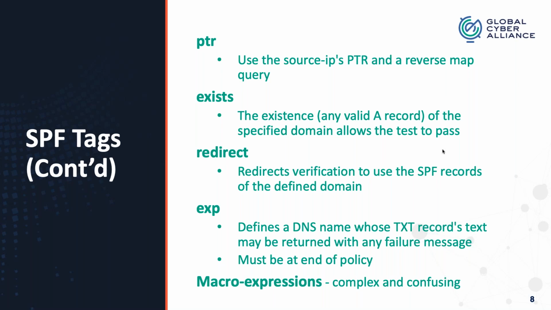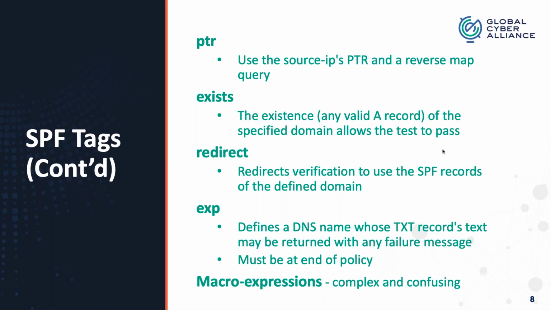Then there's redirect. If you use redirect, you can only use redirect by itself. You can't add anything else, because what you're basically saying with redirect is, look, my SPF record is actually over here. Typically it's pointing to a different domain. You're saying, for my SPF record, go to this domain to look at what all my SPF values are and what's allowed for my domain.